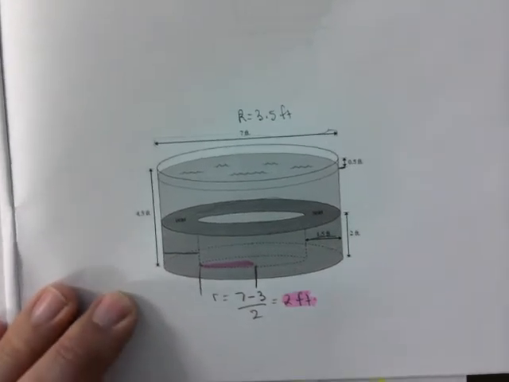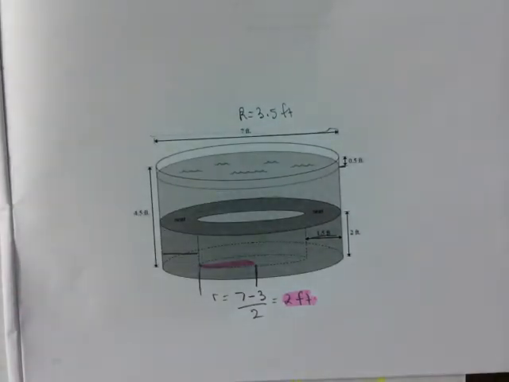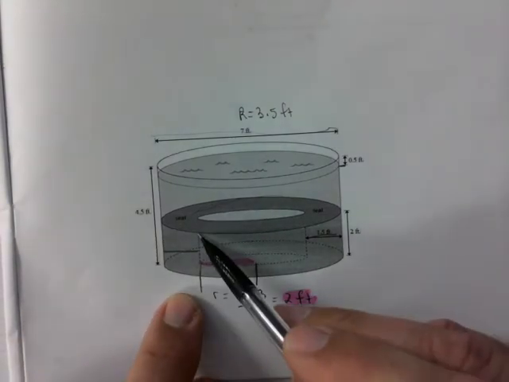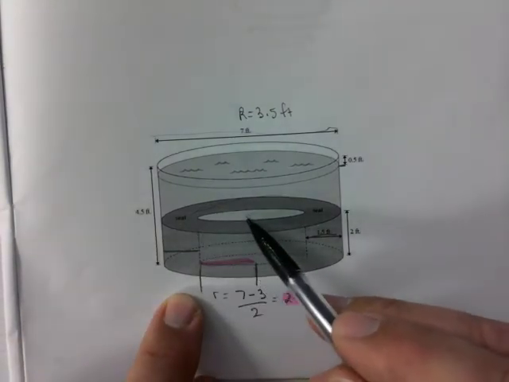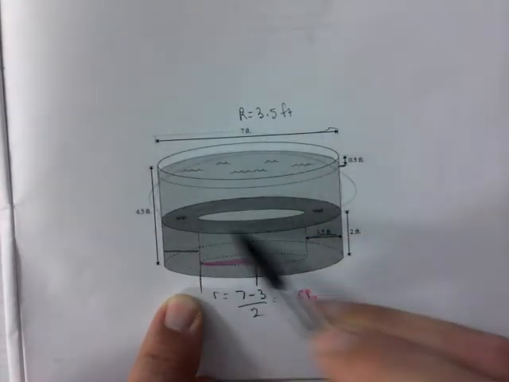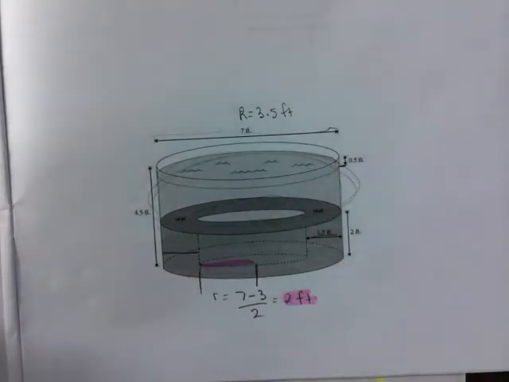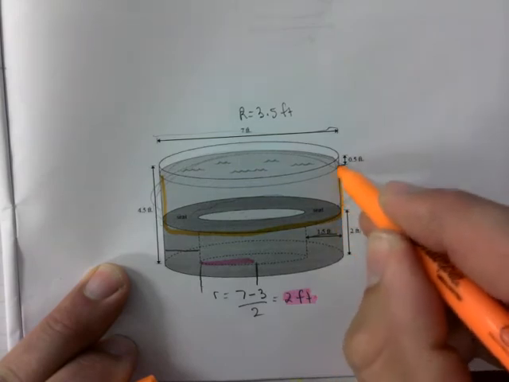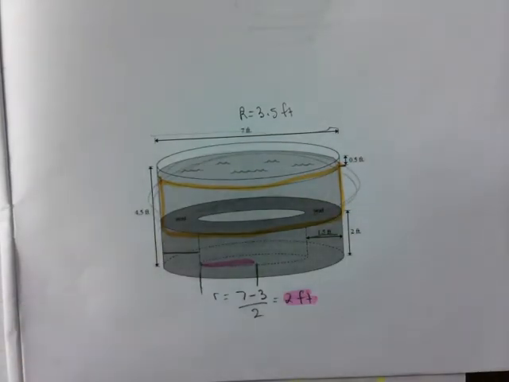You kind of have to just scan the picture and see what you need to do to get that. Do you see that there's a small cylinder and a big cylinder out here? I'm going to add this part, and I'm going to add the small one here.